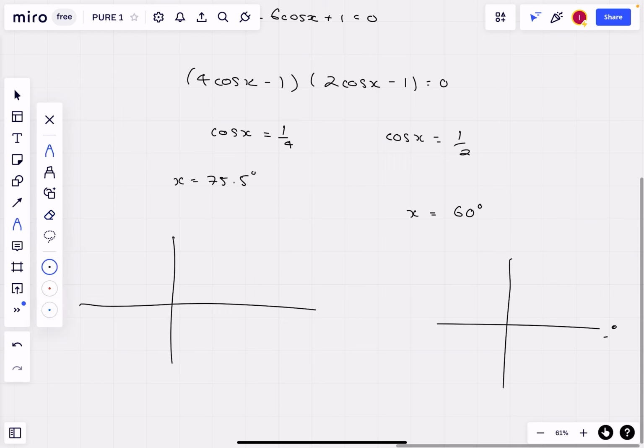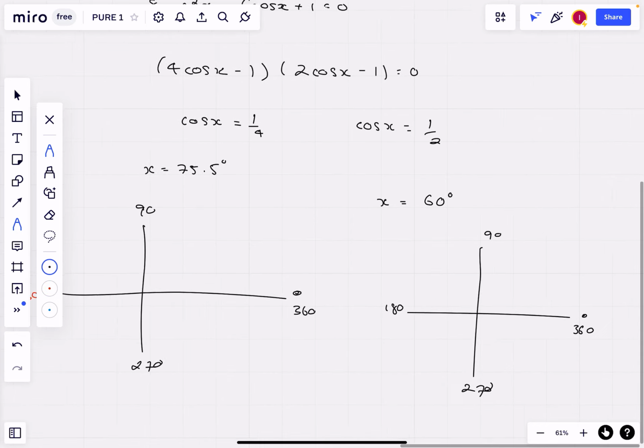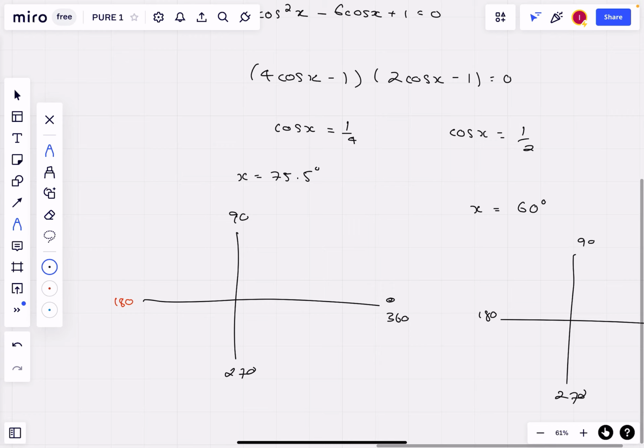0, 360, 90, 180, 270. Same on the other side. Okay, let's start with 75.5. That's 75.5 degrees. It's cos, so it's going to reflect that way.